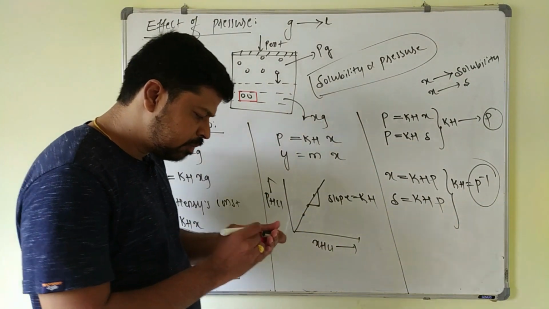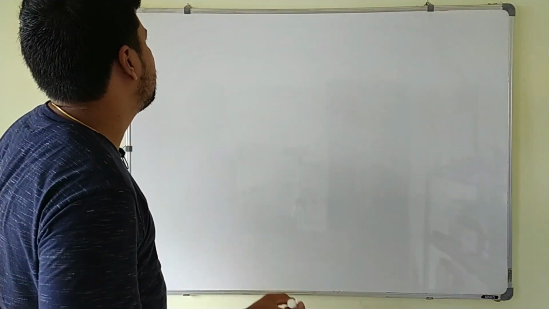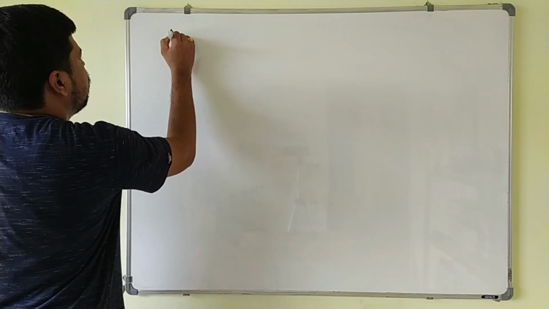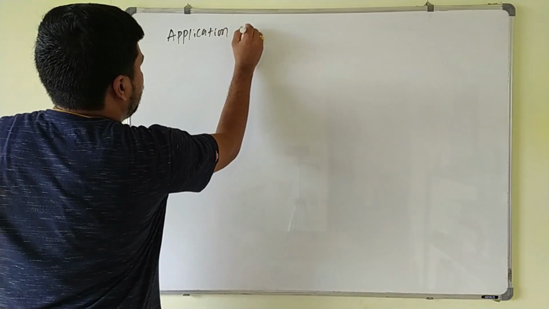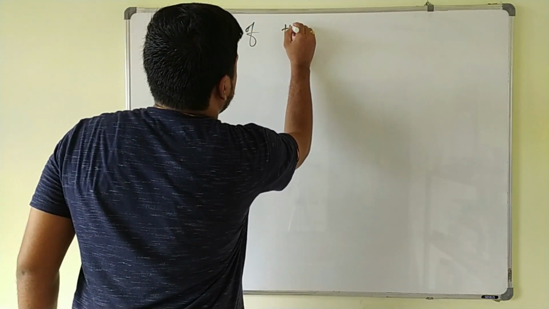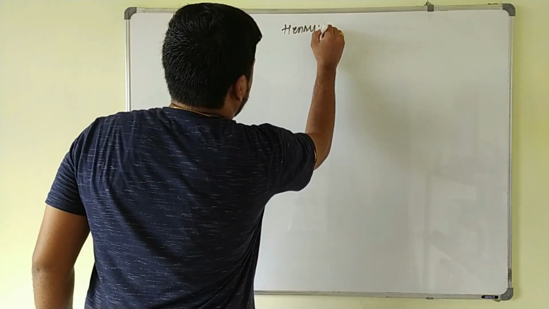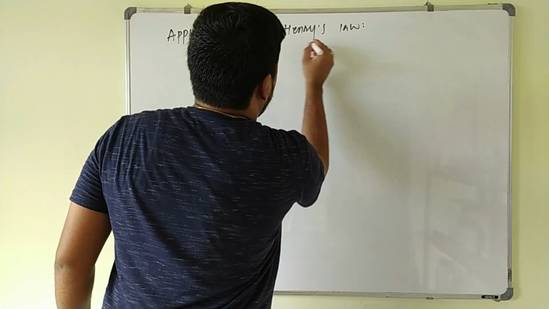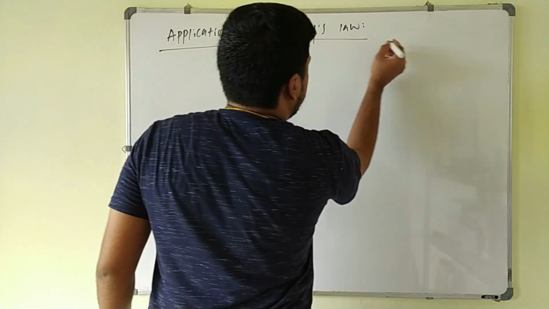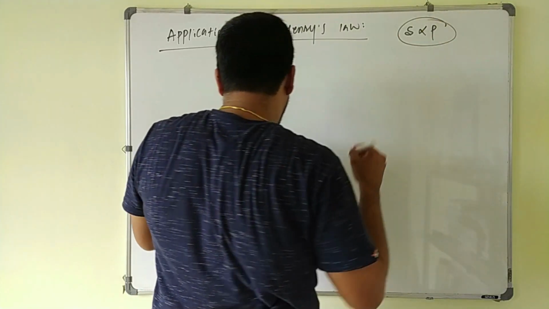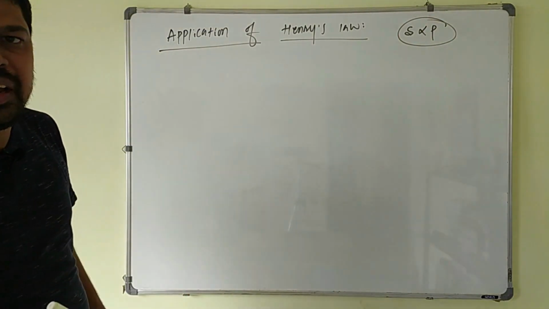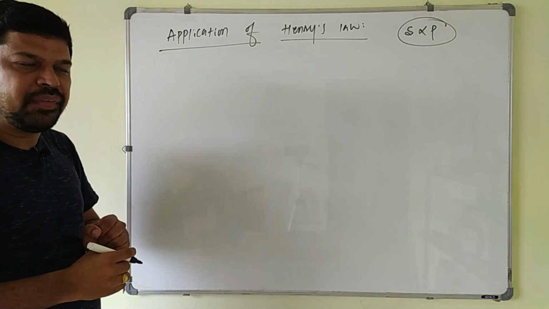Okay, next point. The next point is application of Henry's law. According to Henry's law, we already know that the solubility of a gas is directly proportional to the pressure. If the pressure on the gas is increased, its solubility in the liquid increases.